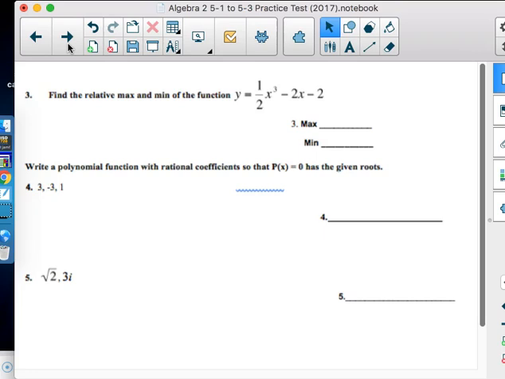So grab the graphing calculator, go to y equals, and we need parentheses, 1 divided by 2, parentheses, x to the third minus 2x minus 2. That's all in that y equals. You ready? So let's try zoom 6. Let's see if we can see the highest and the lowest points with zoom 6.